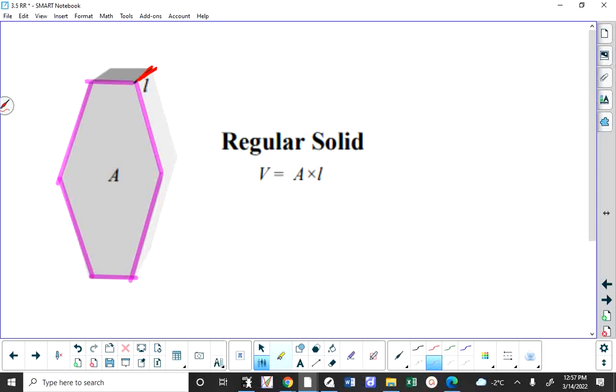Now, I'm going a long way to explaining how to find the volume of a cube. The volume of a cube is length times width times height, and since it's a cube, it's the length cubed.